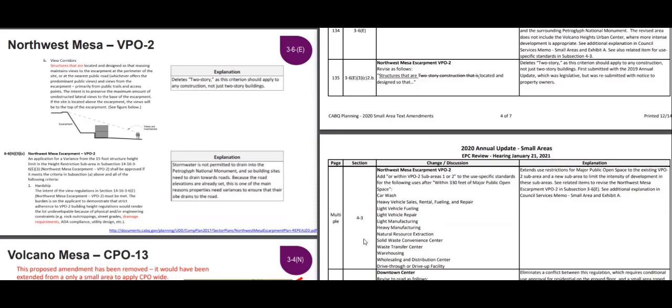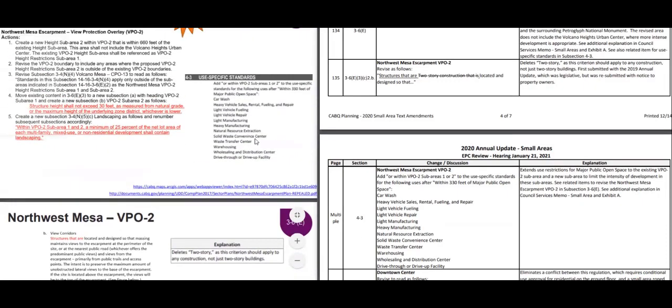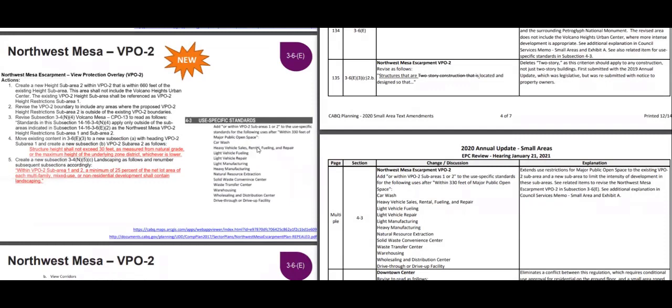The next change here, we will go back to this previous page. This is related to the council submittal to amend the use specific standards in section 4.3. And so what the change would do is to add the phrase "or within VPO2 sub-areas 1 or 2" to any of the use specific standards for the following uses that regulate these uses within 330 feet of major public open space.